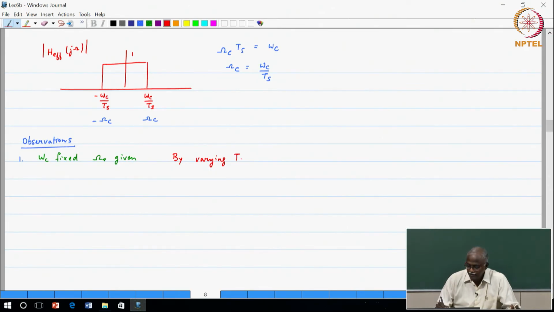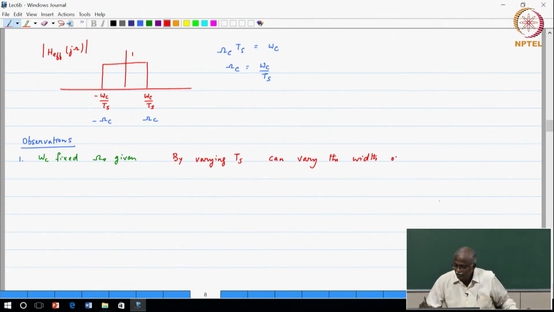By varying Ts, we can vary the effective bandwidth, the width of the low pass filter, because the width of the low pass filter depends on Ts. I get to choose Ts. So, this is effectively the bandwidth of HEffective of j omega.